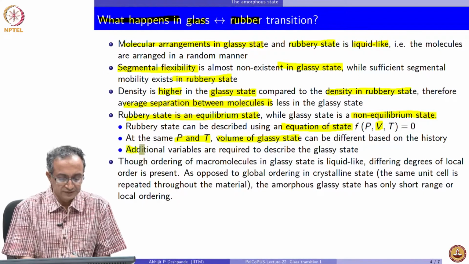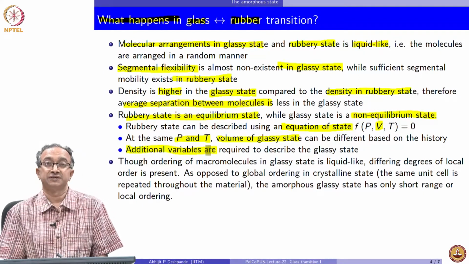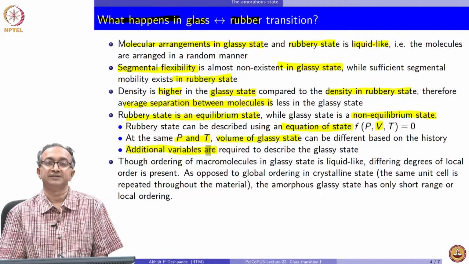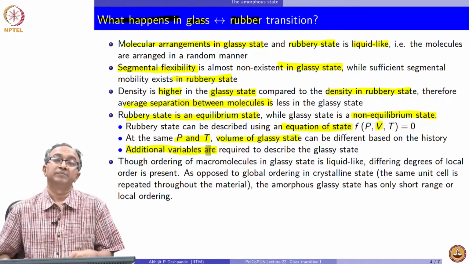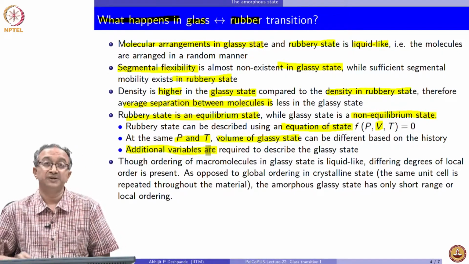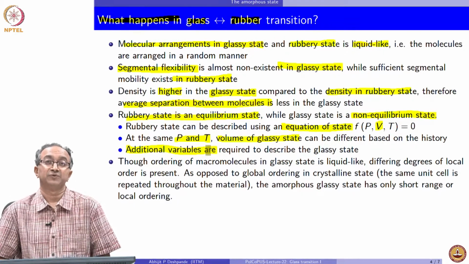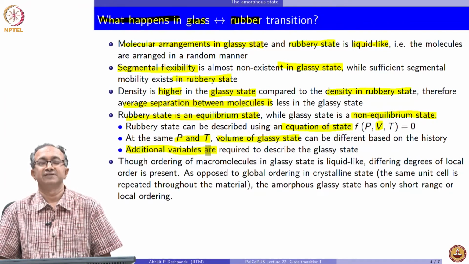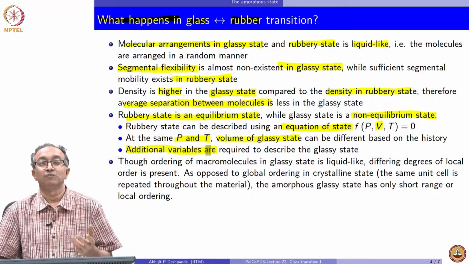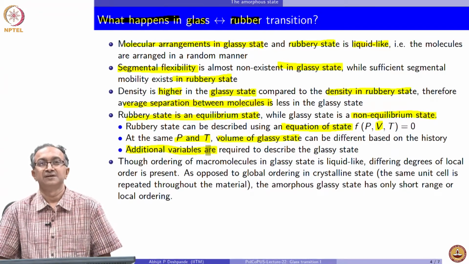Therefore, generally to specify the state of the system, additional variables are needed. Can you think of one possibility for an additional variable? What do we mean by additional variable? When we cannot specify the overall volume of a glassy state just by fixing pressure and temperature, what else may I need?